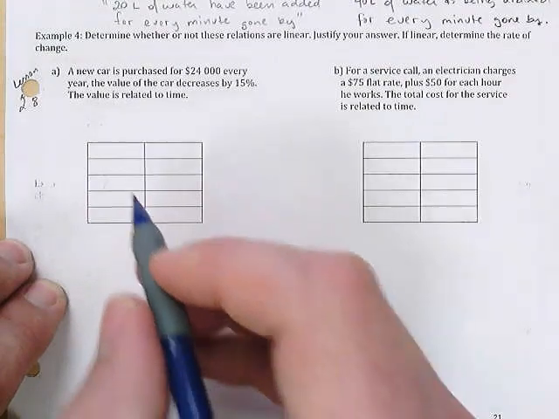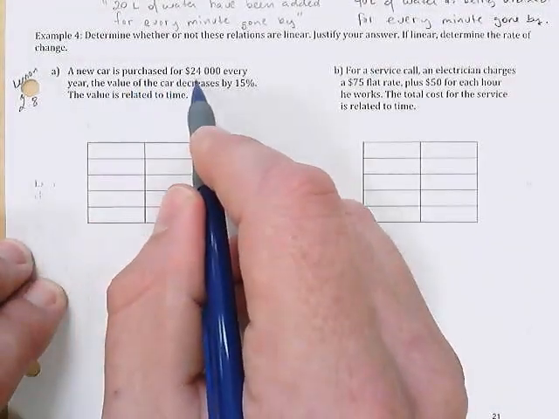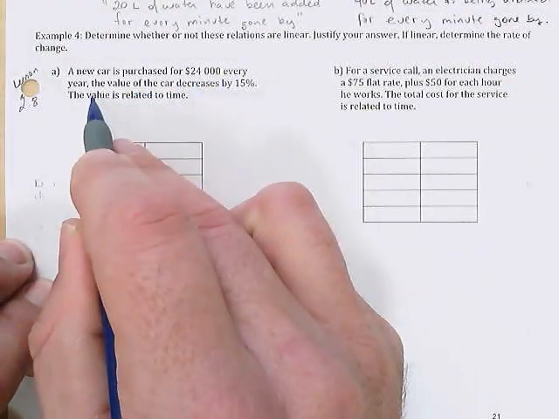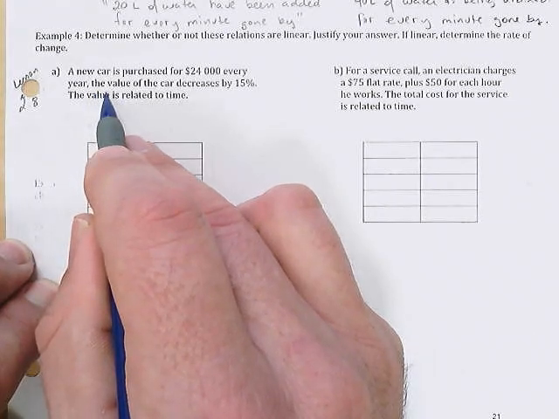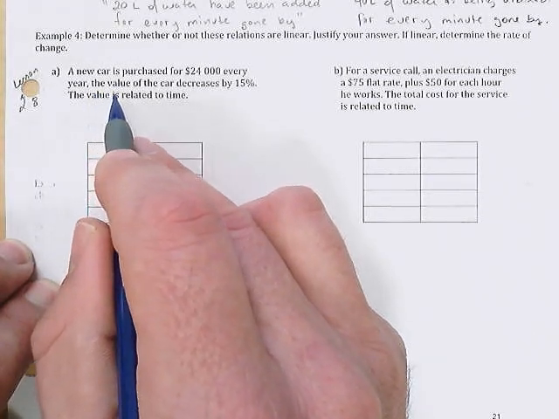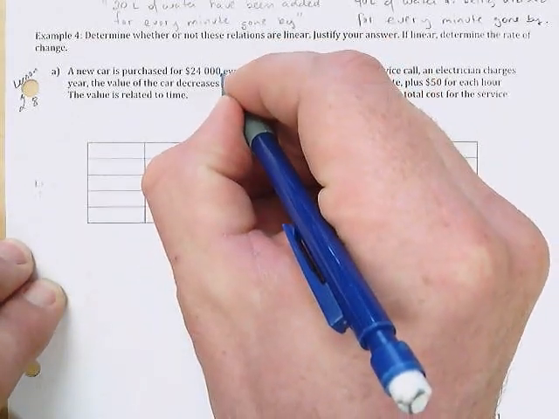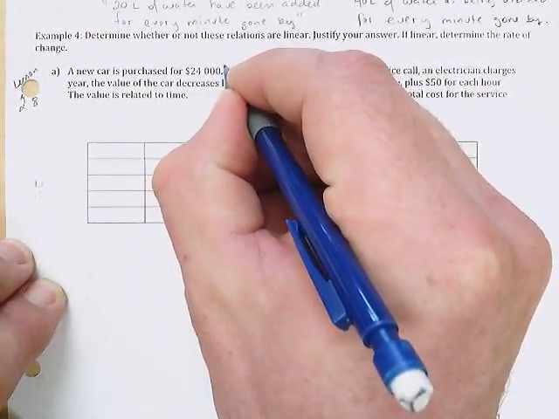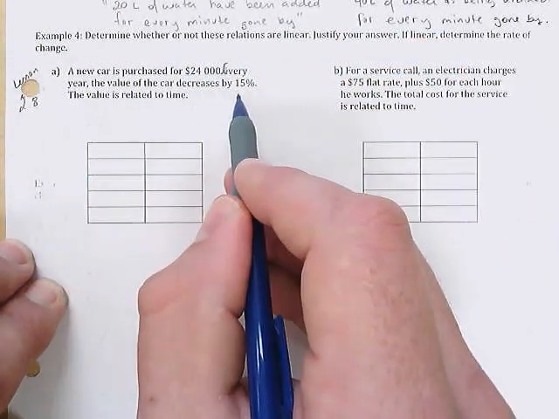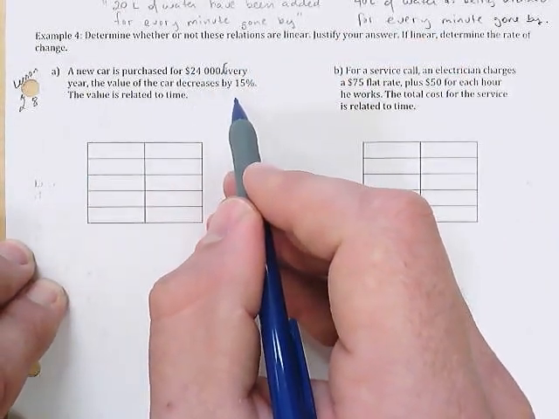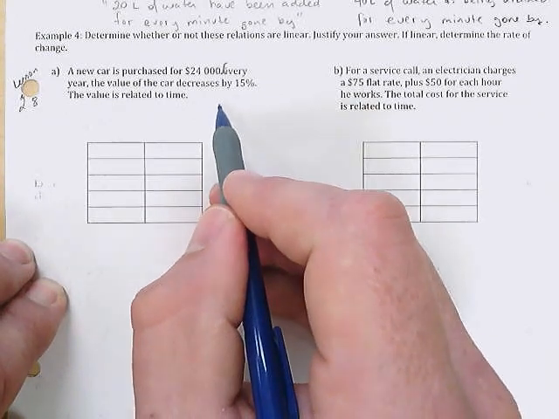A new car is purchased for 24,000. Every year, the value of the car decreases by 15%. The value is related to time.